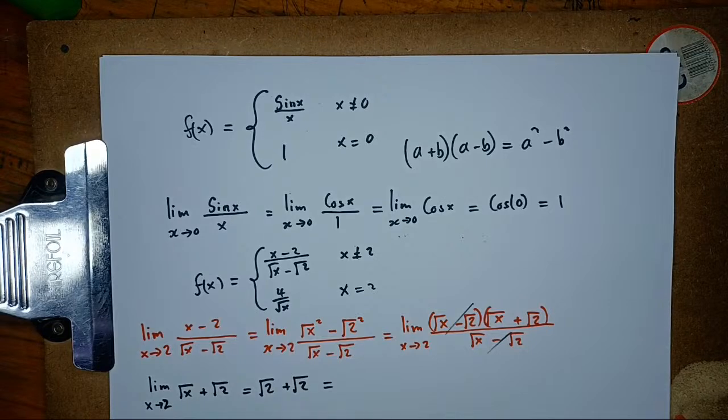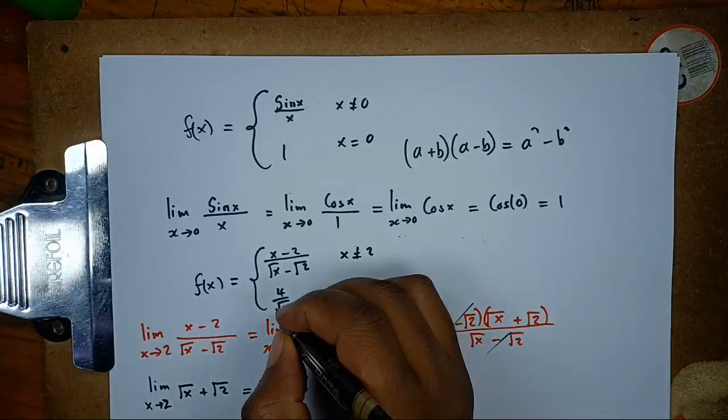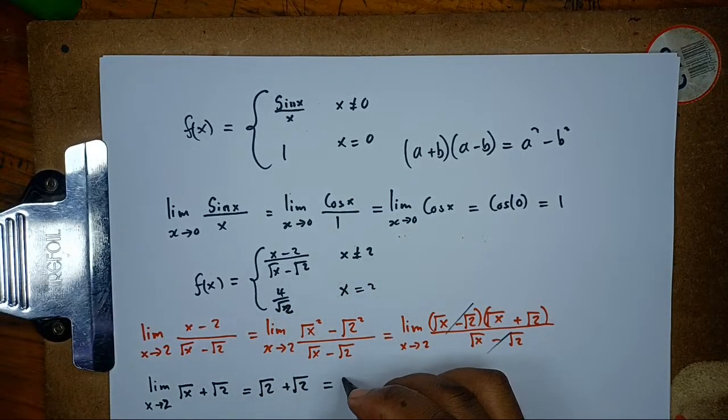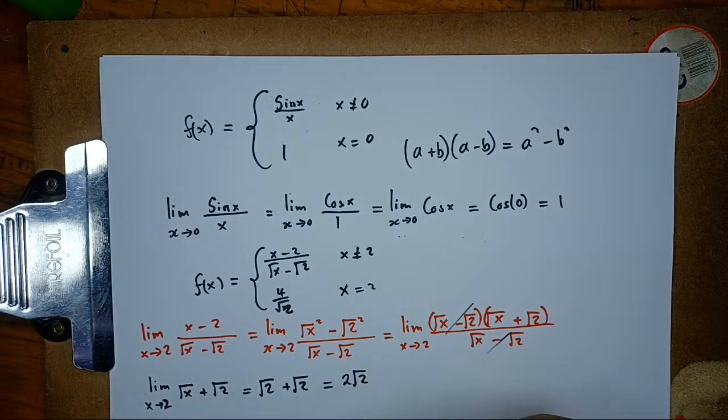Now, what is root 2 plus root 2? Root 2 plus root 2 is just the same as 2 root 2. This is not x, sorry, this is supposed to be 2. Okay, so this will give us 2 root 2. Then let's rationalize. We'll multiply this with root 2 on top and bottom.